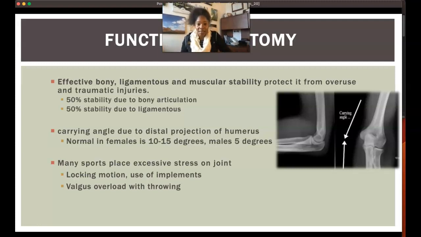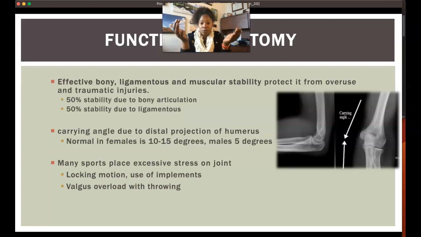Anything outside of that, and you're concerned, right? Because carrying angle increases the valgus load just naturally on the UCL, and so those that have higher valgus angles or carrying angles typically have more stress on the medial side of the elbow, more stress on those stabilizing ligaments. And so then there's concern there, right?